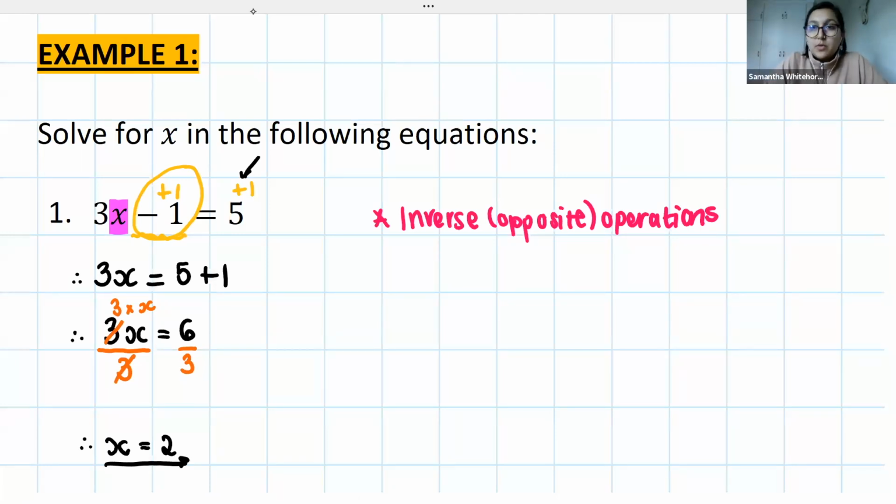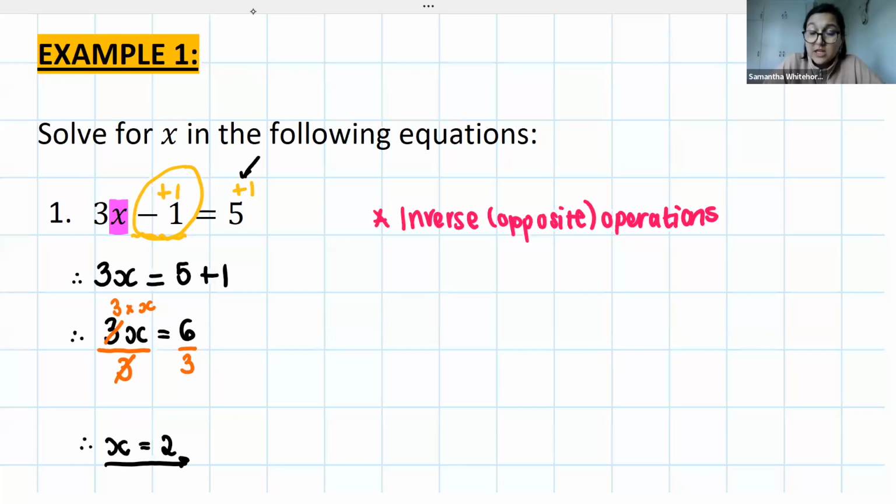So guys, really importantly, when you are solving an equation, those inverse operations are very, very important. Now, sometimes when you do it at school, it's a bit differently to the way I do it. Hopefully, if you've been listening to your teachers, you're still doing the math properly. It's just a case of it might look a bit different. That's fine. If your working out looks a bit different to mine, that's not the end of the world.